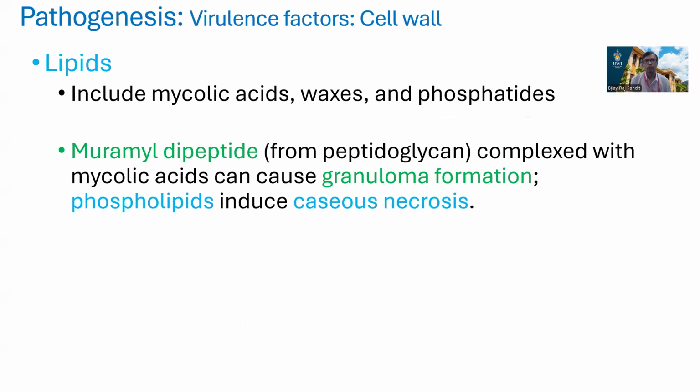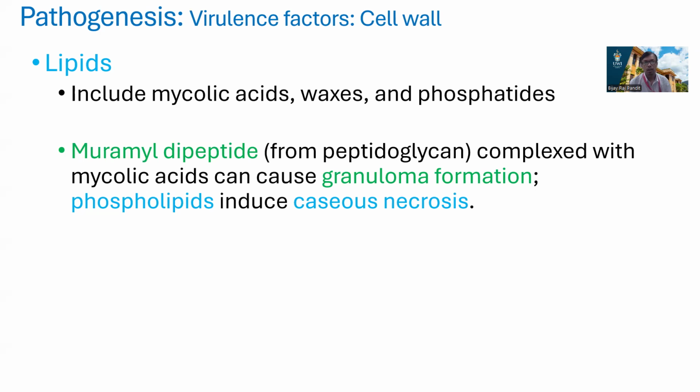So let us discover the pathogenesis. The pathogenesis is directed by the different virulence factors of the bacterial components. Some bacteria produce toxins like endotoxins and exotoxins, and in some bacteria, the cell wall and proteins act as the virulence factors. Likewise, in Mycobacterium tuberculosis, the cell wall is composed of lipids that include mycolic acid, waxes, and phosphatides.